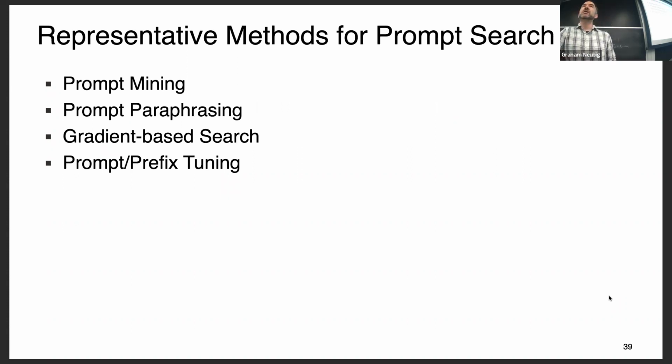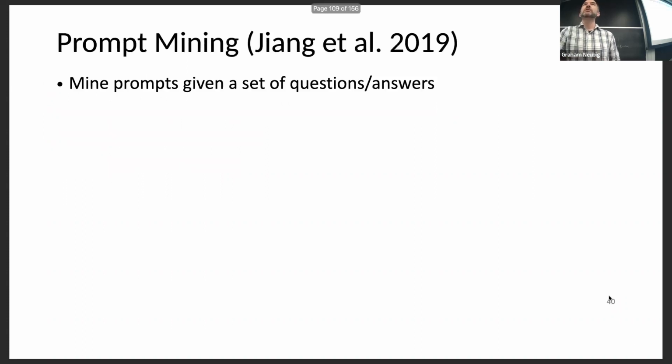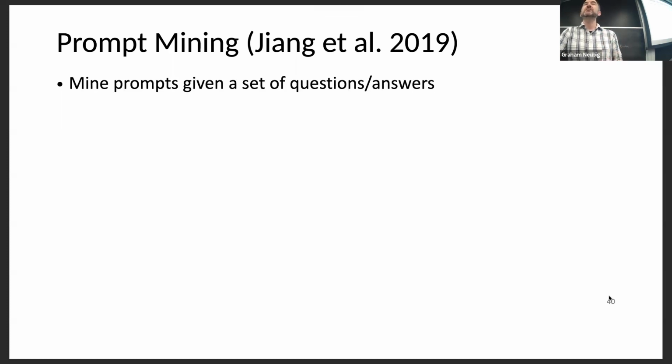The first one is prompt mining. The way prompt mining works is basically, given a small number of questions and answers, we want to find examples of prompts that match the form we want.